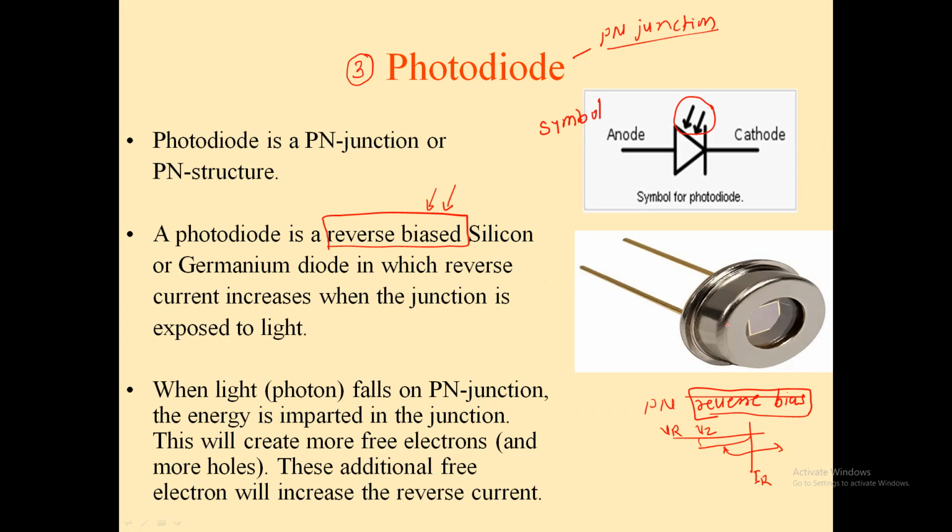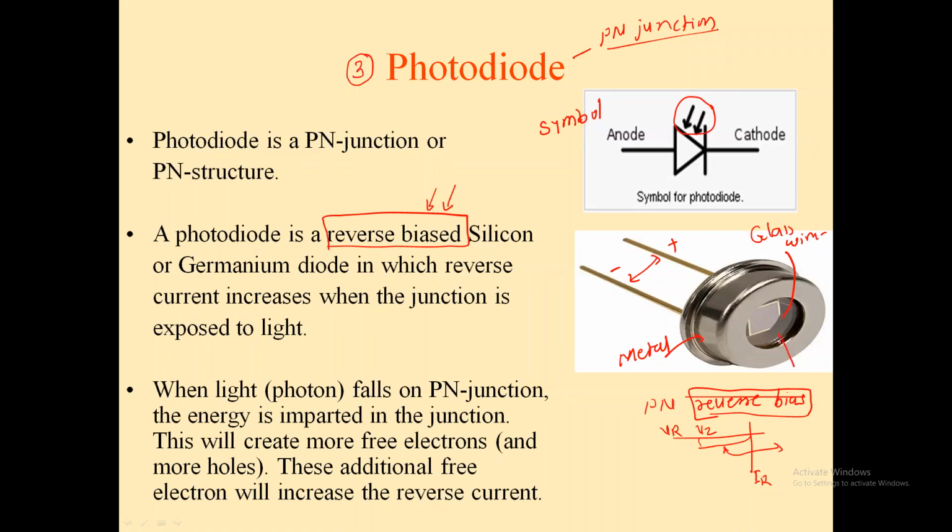And if you see the structure on the top of the diode, a glass window is provided. This is a glass window, and this is the metal outer sheet. And these are the two electrodes. Out of that, one acts as a positive, another one acts as a negative. Get it my point?